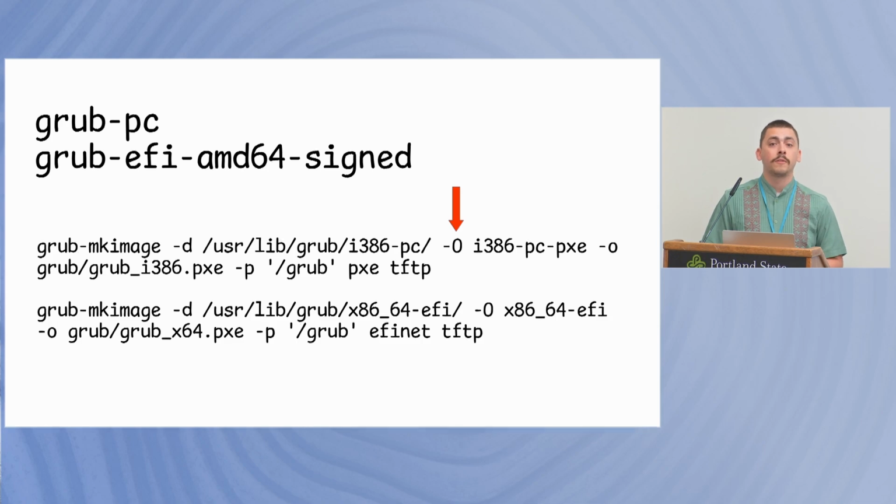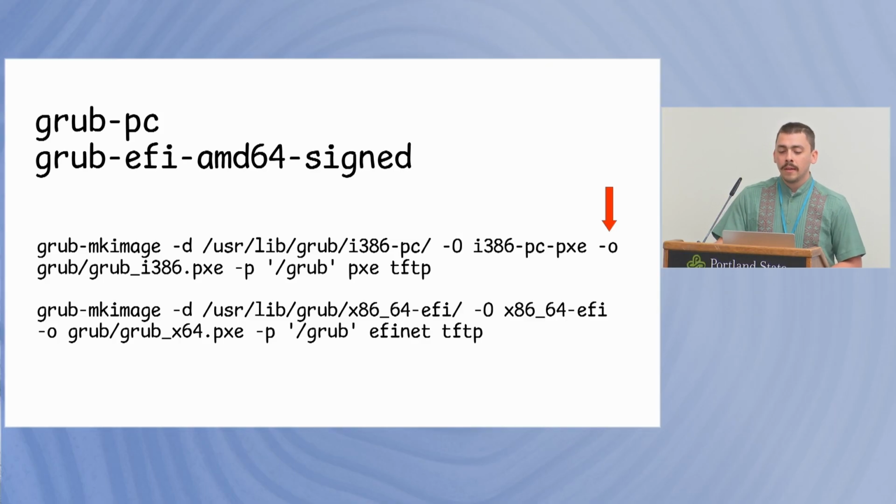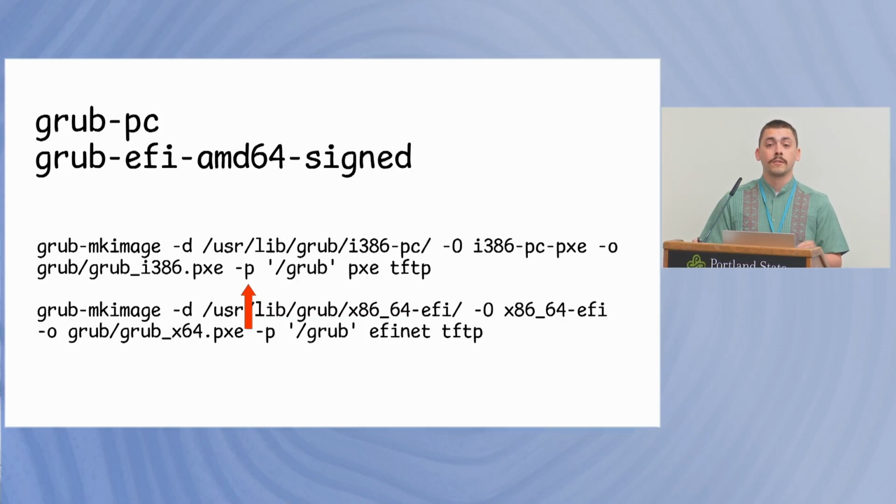Here in the first line, we are building 32-bit legacy BIOS, and in the second line, we are building 64-bit UEFI. The -o is just the output file path. You could name it anything you want, but I think that these are some pretty sensible names. -p gives us the prefix for grub. Now, once the grub image starts up, it will need to look for some additional libraries, as well as its own config file.